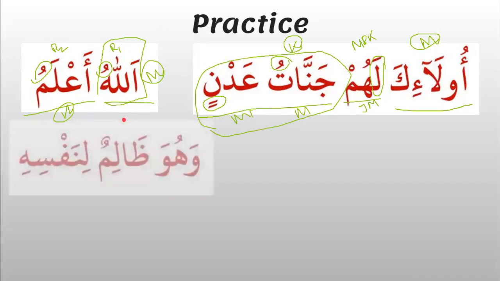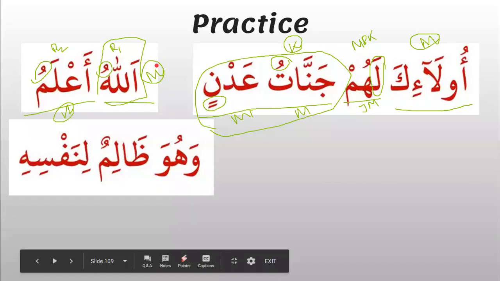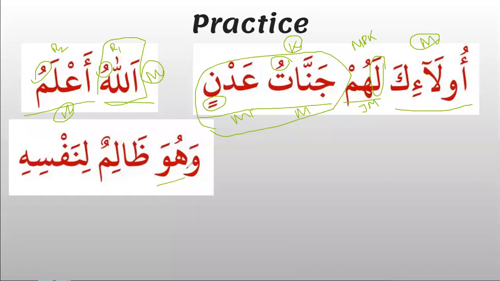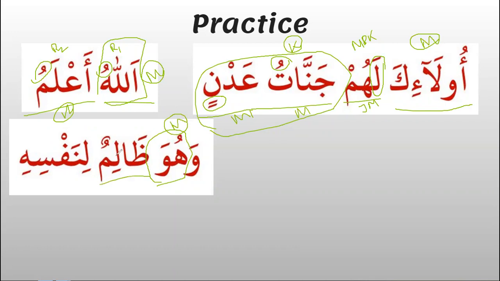So moving forward is وَهُوَ ظَالِمٌ لِنَفْسِهِ. Independent pronoun, right? An independent pronoun is always considered rafa, so that will be our first rafa and mubtada. Zalimun is basically the second rafa, so it's going to be the khabar. And linafsihi, you can see li is harf jar, so it's going to be jar, and nafsi is majroor.